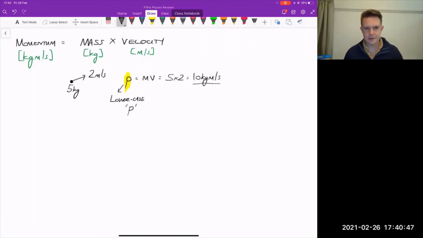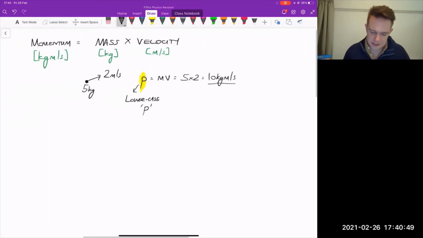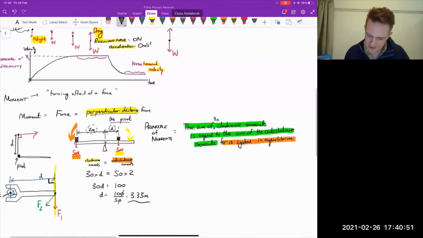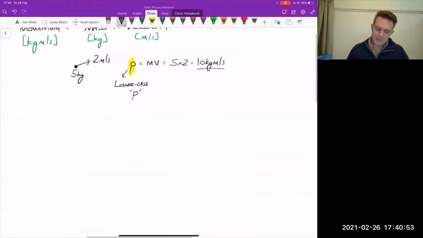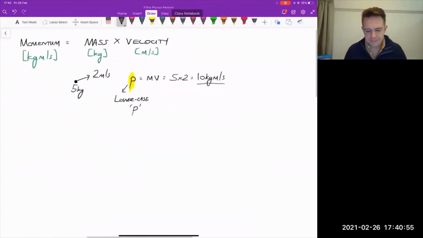So that's how you use the equation. Just like for moments, where we've got a principle of moments, for momentum we also have a principle which we can use to do calculations and work out stuff about situations. And that is the principle of conservation of momentum.